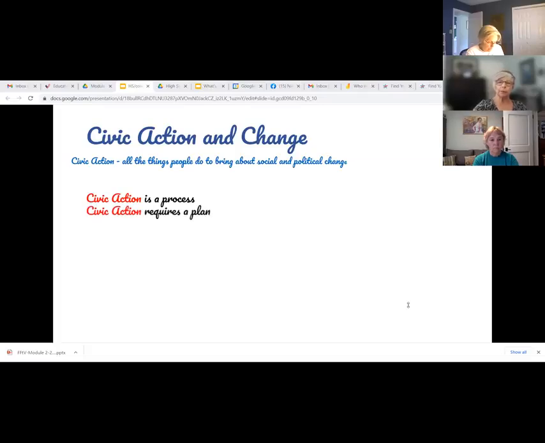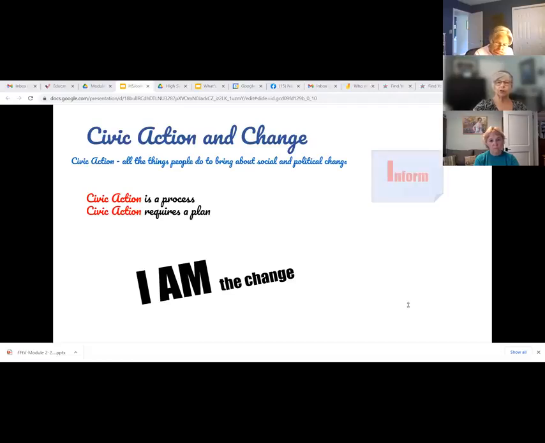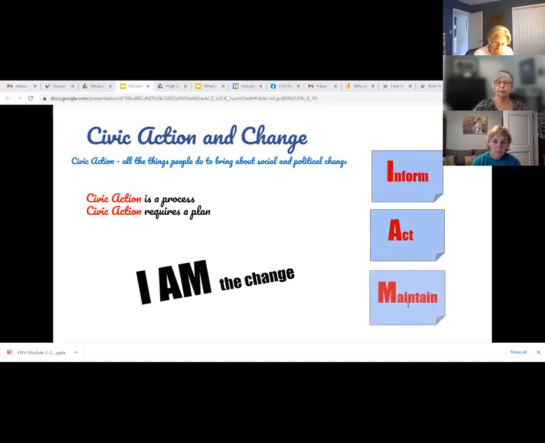It requires a plan and you'll learn how to make one. The acronym I AM, which is the title of this lesson, neatly becomes "I am the change," because Gandhi was the one who actually said that. What do those three letters, I-A-M, stand for? Well, they're the three basic steps: inform, act, and maintain.